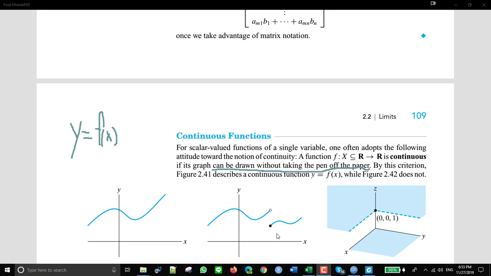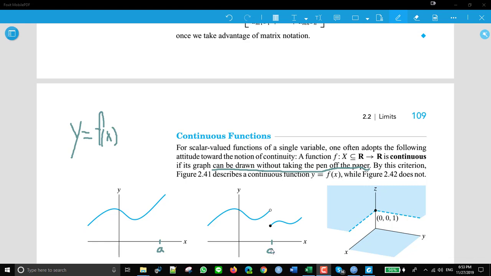But let's be a little bit more precise and talk about continuous at a particular point. So we probably wouldn't say that this is continuous at this particular point, whereas we'd probably say that this function is continuous at this point and at every point.